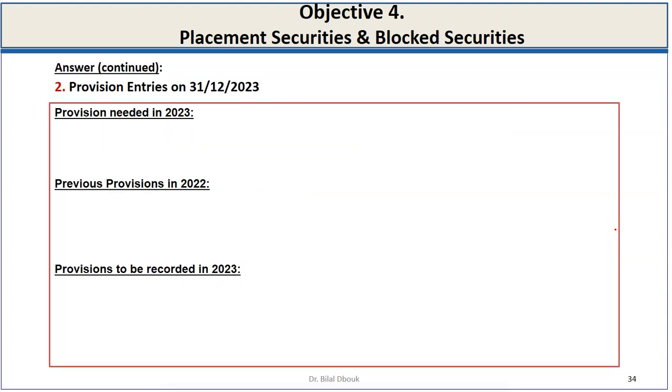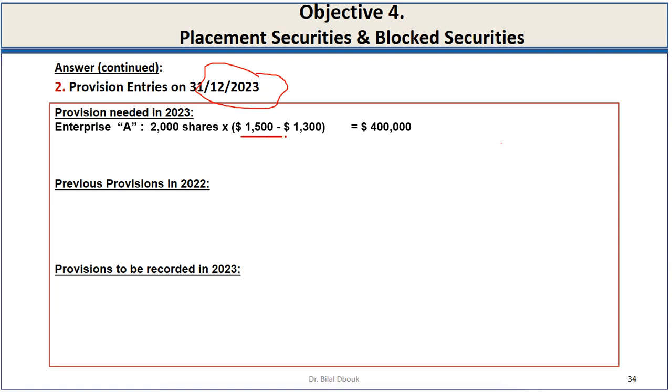Now I move to the following year, which is 2023. As you can see, I have to manage year 2023. The provision needed for A would be $400,000, the difference between market value and the purchase price. For B, the decrease would be $240,000.